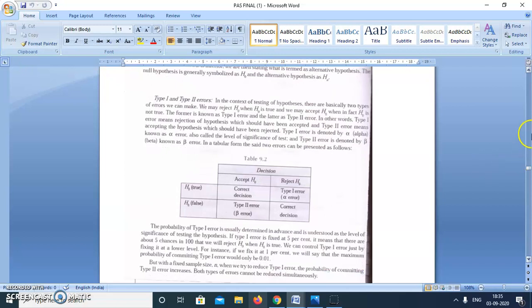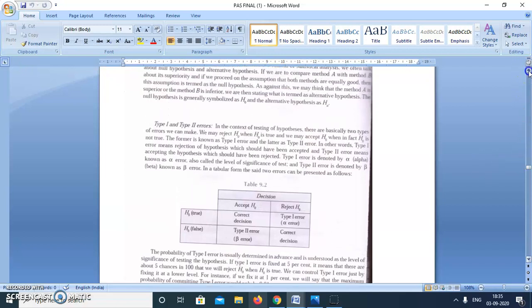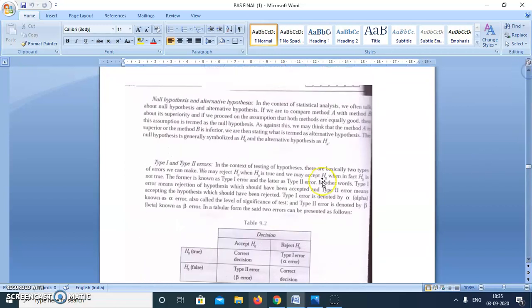If you want to understand these two terms, null hypothesis and alternate hypothesis: if we are to compare method A with method B about its superiority, and if we proceed on the assumption that both methods are equally good, then this is termed as the null hypothesis.